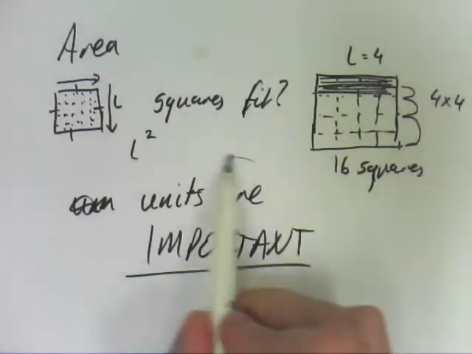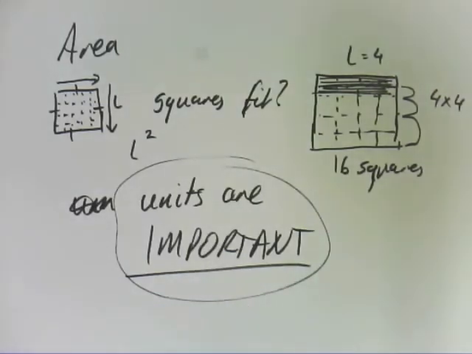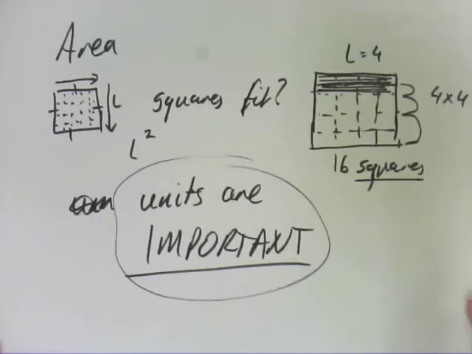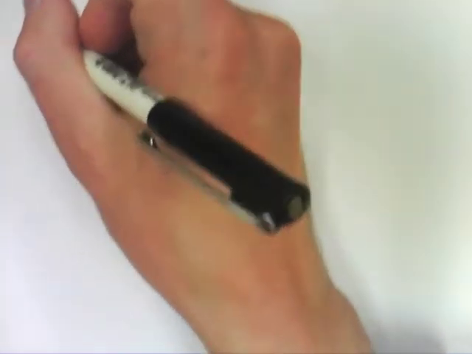If you're given units, don't forget to put them on your answer, because if you come up with the answer 16 and you don't put a unit on the end, then it could be 16 bananas, it could be 16 students, it could be 16 anything. But since I put a unit on the end, it's clear as to what the answer is.